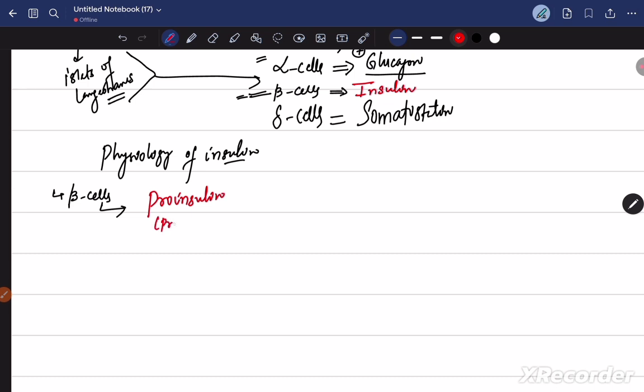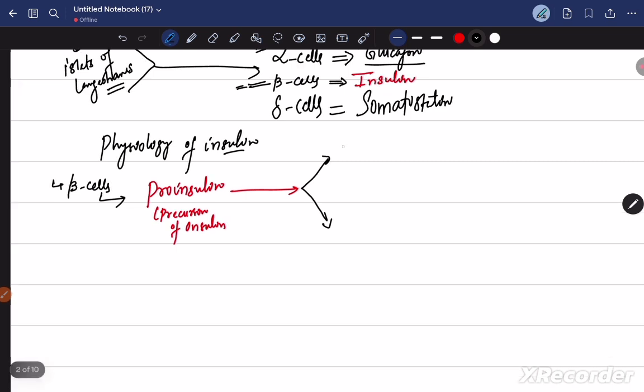It is the precursor of insulin. This proinsulin will be metabolized into insulin, that is the active form, and C peptide.